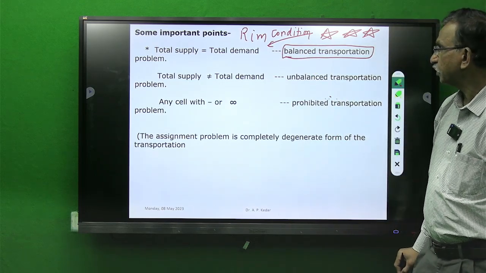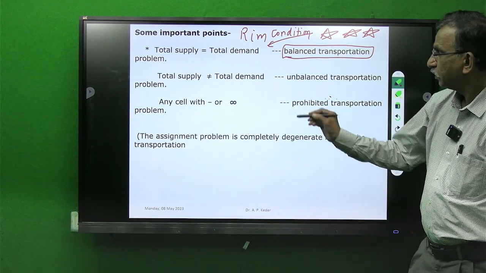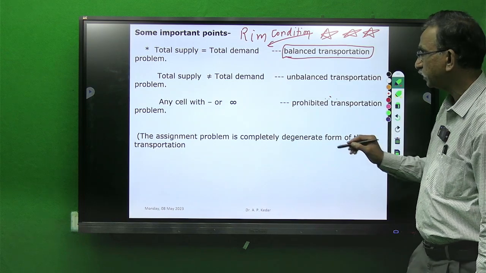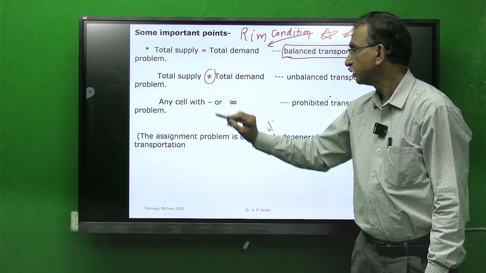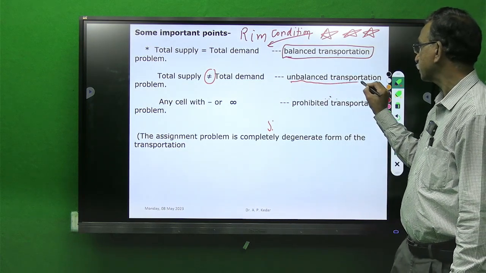Such problem is called as balanced transportation problem. In a problem where supply is not equal to demand, here I have used this sign, supply is not equal to demand, it is called as unbalanced transportation problem.